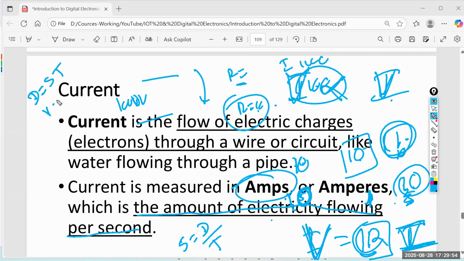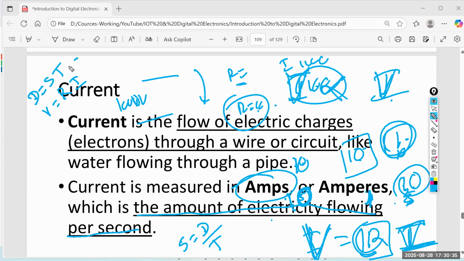Here we have V equal IR. This R is like this, I is like this. So here higher the distance, higher the time. Here higher the voltage, higher the I if you have the same resistance. But if you increase the resistance for the same voltage, you get low I. It's something like if you increase the speed, you can go the same distance in lower time, because now you are going at higher speed.